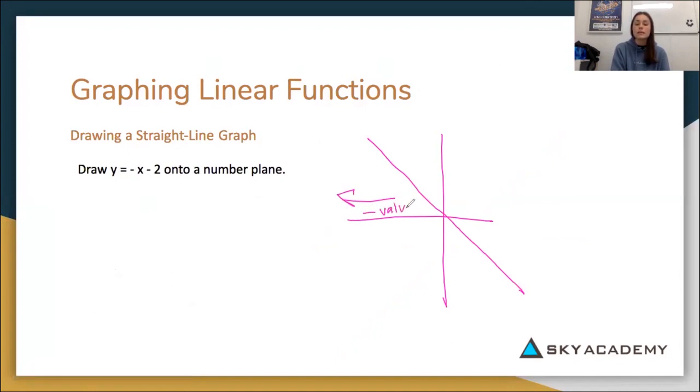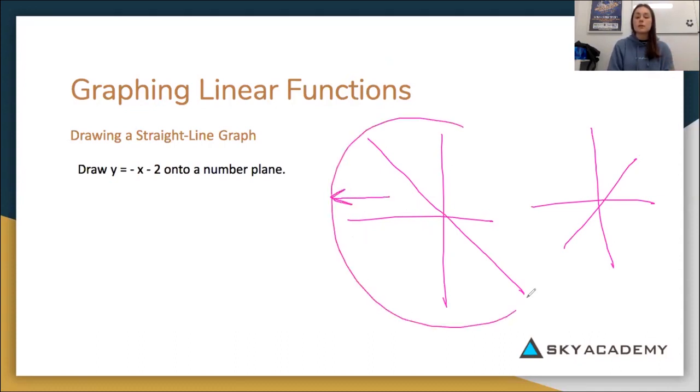So there's two ways to tell if your straight line is going to be negative. If you are given a graph, if you're given two graphs, for example, and they ask which one's negative, we know that anything going in that direction is negative. So this one would be the negative one, and anything in that direction is positive.